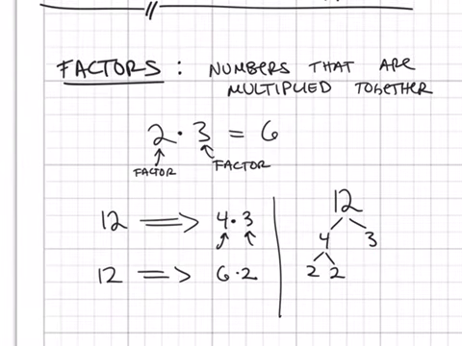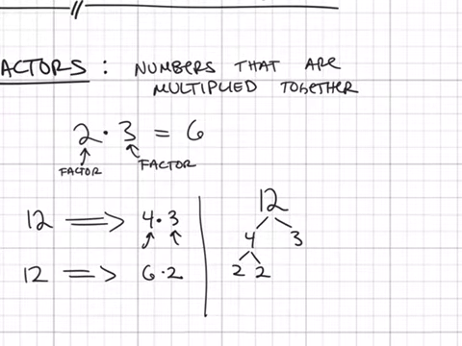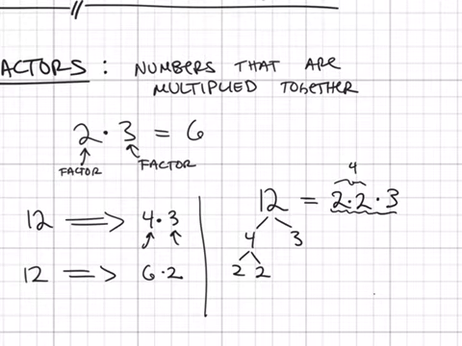So I could split the number 12 up into 2 times 2, which is that 4 we saw, times 3. So you could also split the number 12 up into 3 different factors. Okay? Or you could think of it as 2 times the factor 2 times 3, which is 6.